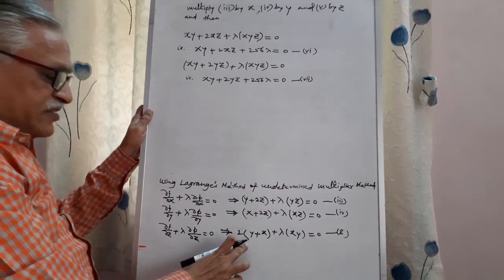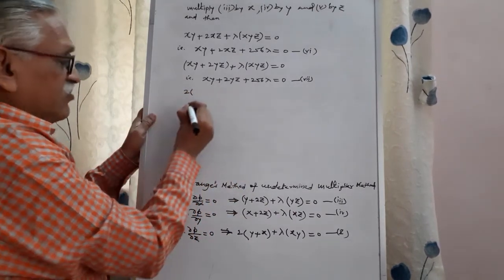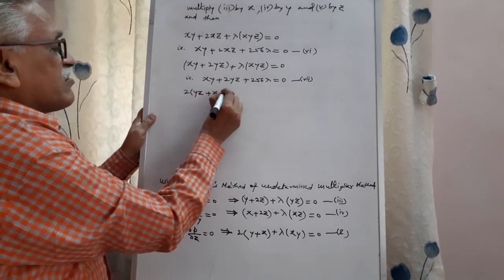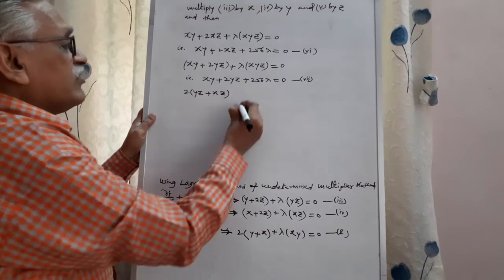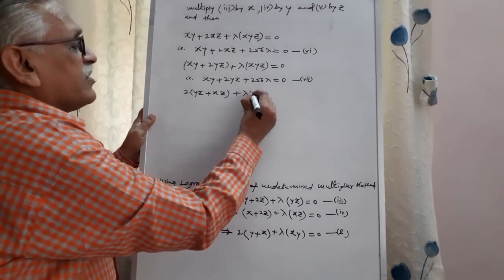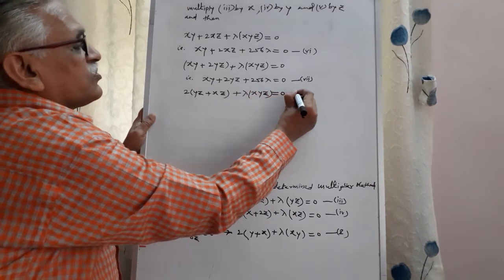Then multiplying this by z, we get 2 times yz plus xz plus lambda times xyz equals 0.